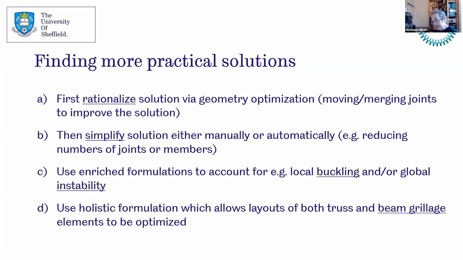And then finally, I've been focusing on trusses, but for example, in a typical building, when you look at the floors, generally we don't see very many trusses. We see arrangements of beams, so potentially we can use beam grillage layout optimization to identify efficient arrangements of those members.